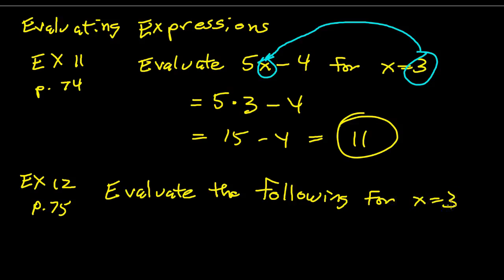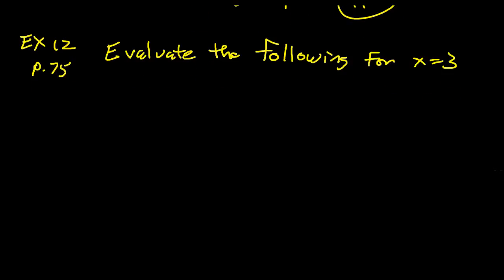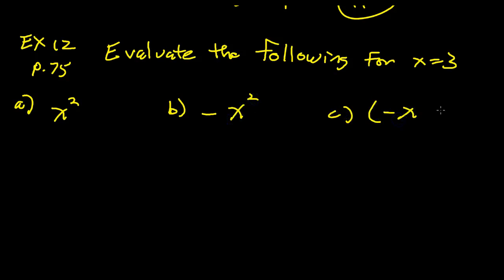X equals 3 as in the last example. And the author gives us 3 different expressions. And again, he's hammering on that idea about whether the negative sign is inside the base or tucked into parentheses in a base expression.